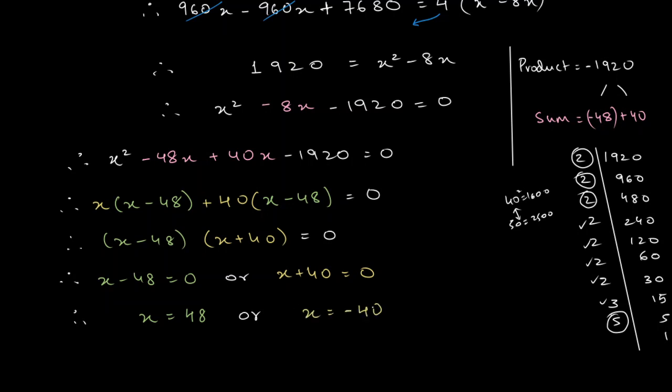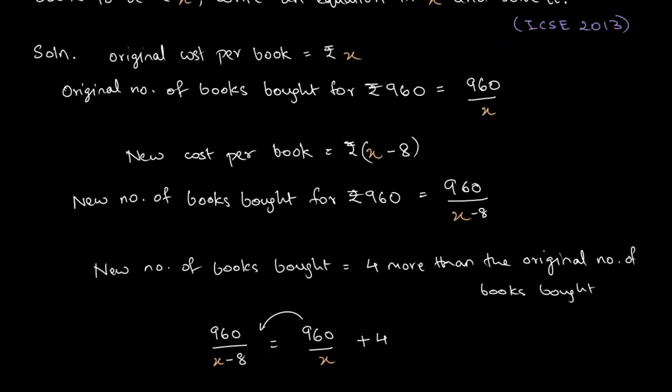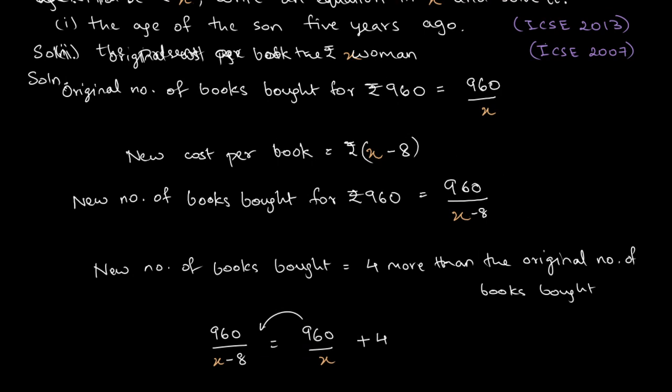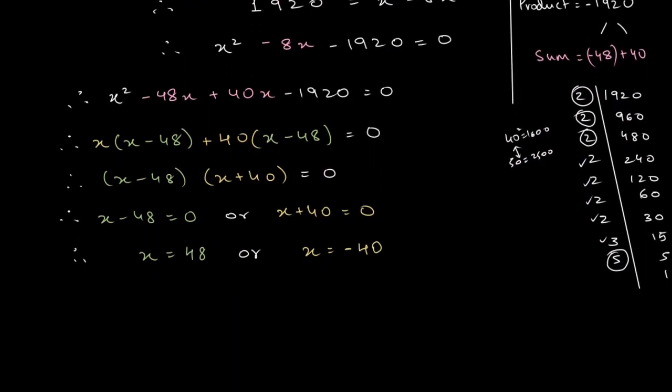negative 40. All right. What does x represent, you may ask? X is nothing but the original cost of the books, the cost per book. Now, the cost per book, a cost can never be negative, right?